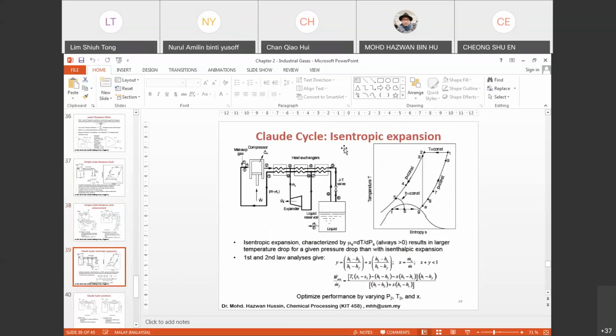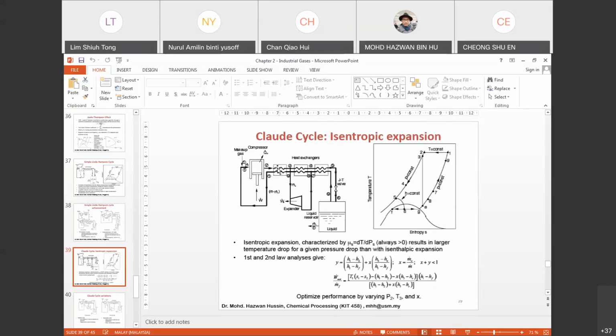For isentropic expansion in the Claude cycle, you will see that the first makeup gas goes into the compressor. A load is applied, and then you will see that the entropy decreases. Once you increase the pressure, the entropy value decreases.